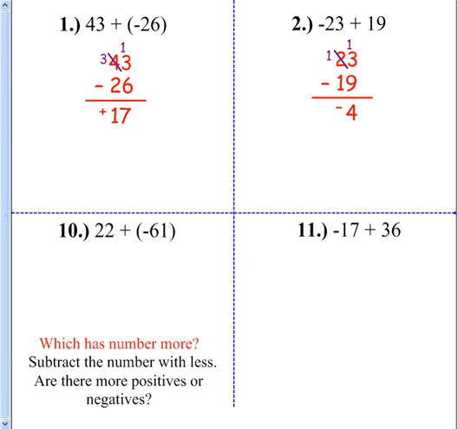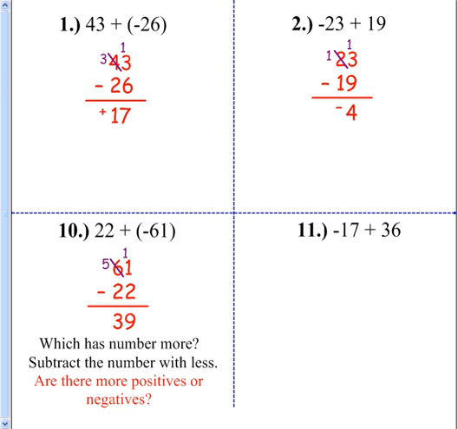22 minus negative 61. Which one has more? The 61 negatives. So we're going to begin with 61 negatives. And from that, we're going to subtract the number with less, which is 22. And again, we need to regroup, which we can do, regrouping that 60 into 50 and 11 ones. 11 ones minus 2 is 9, and 5 minus 2 is 3.